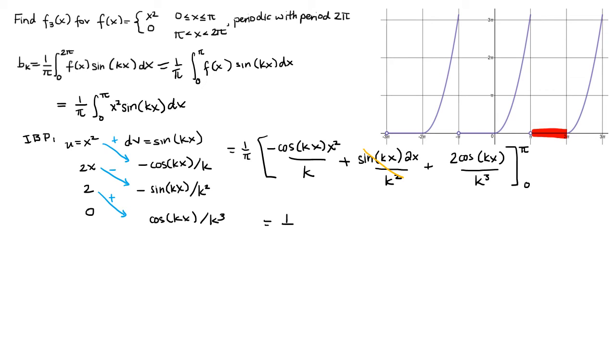So I get 1 over pi times negative cosine of k pi times pi squared over k plus 2 cosine of k pi over k cubed.